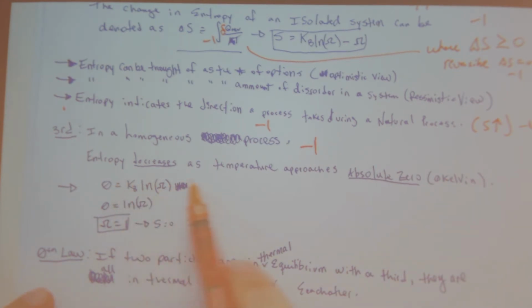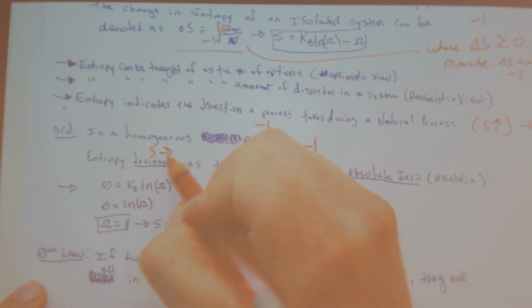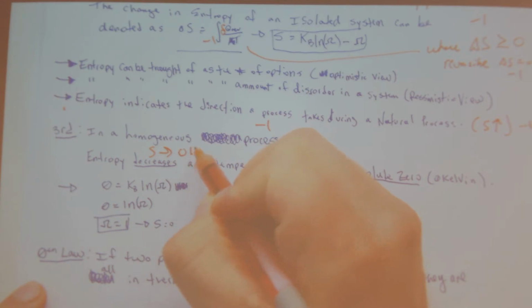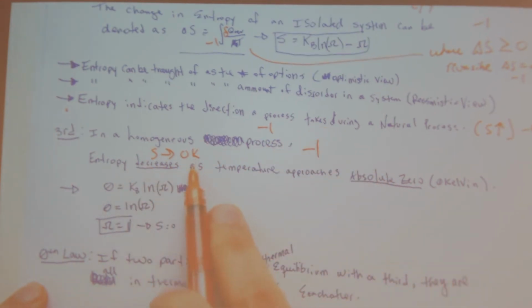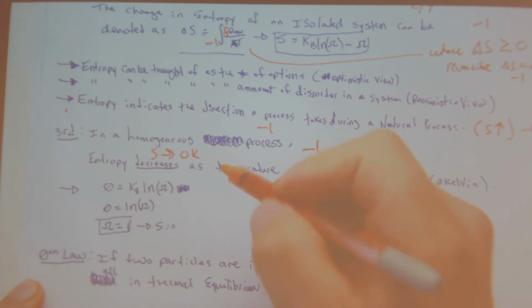And the entropy decreases as temperature approaches absolute zero. That is true. But entropy approaches absolute zero. The entropy approaches absolute zero as the temperature approaches absolute zero. So this is just the idea of decreases.